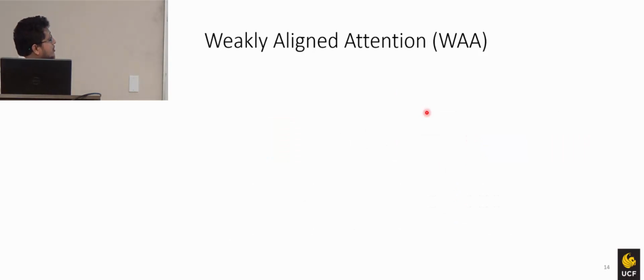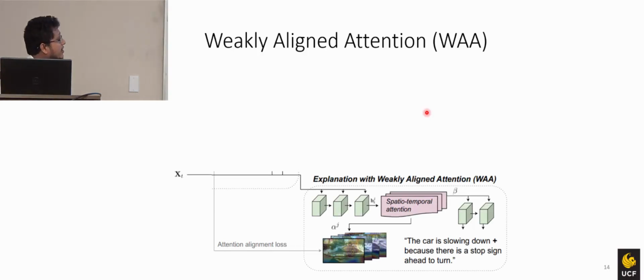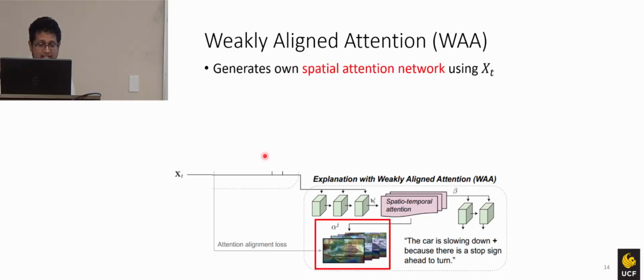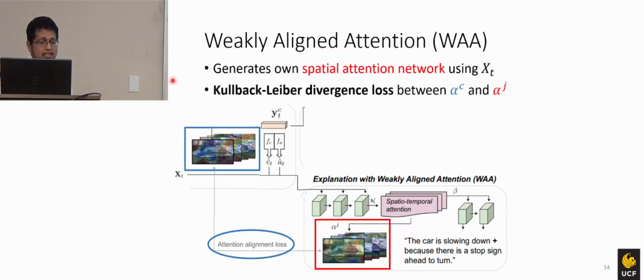But in weakly aligned attention, it generates a new attention map for each input. How do they do that? They take the xt, the feature cube, directly, and create this attention map alpha j in the same fashion. To make alpha j close to alpha c, there is a Kullback-Leibler divergence loss minimization.